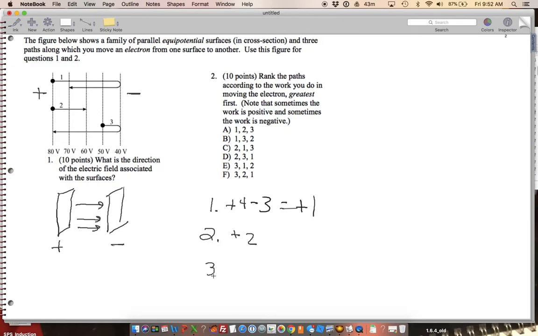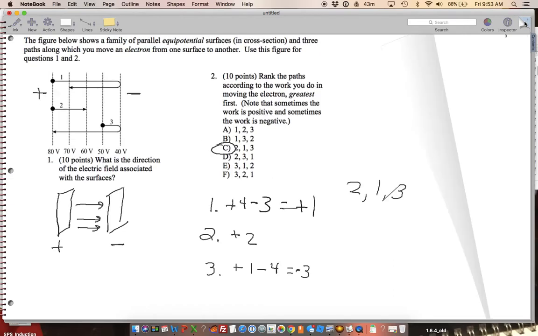And then the third one, I'm going to have to push it 1, so I'm going to have plus 1 and then minus 4, because the electron is going to want on its own to move to the positive charge, so that's going to be equal to negative 3. So the order, greatest first, is going to be 2, and then 1, and then 3. And this should be negative here. So 2, 1, 3 is going to be C.